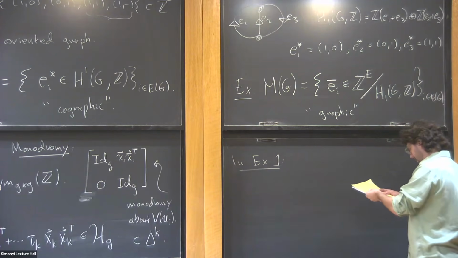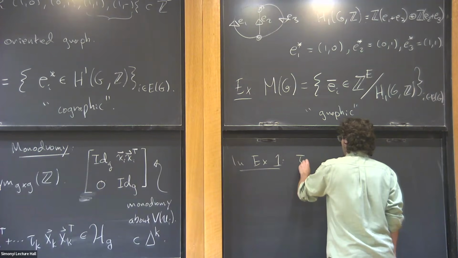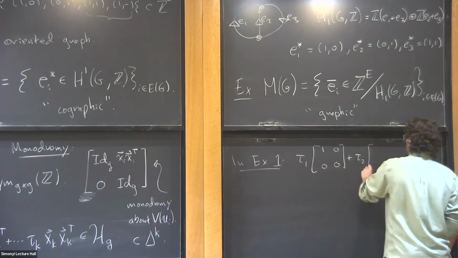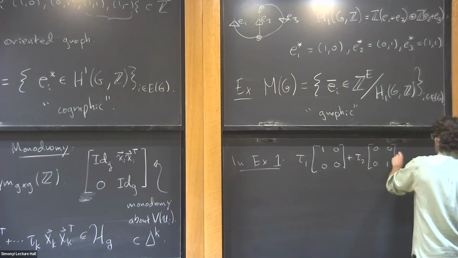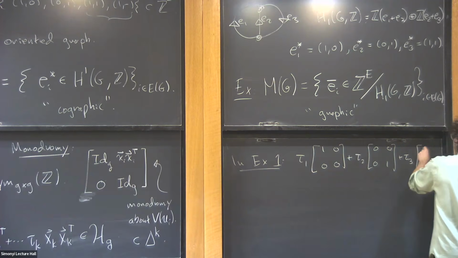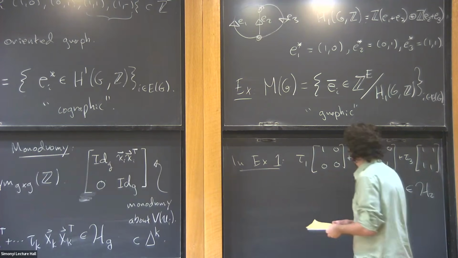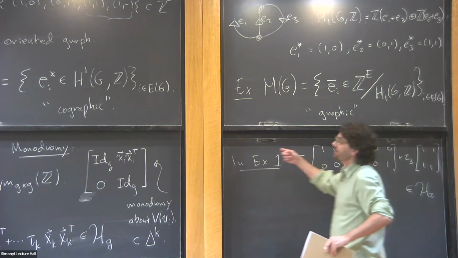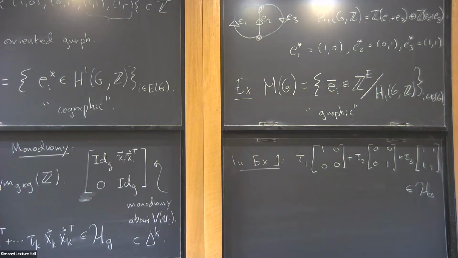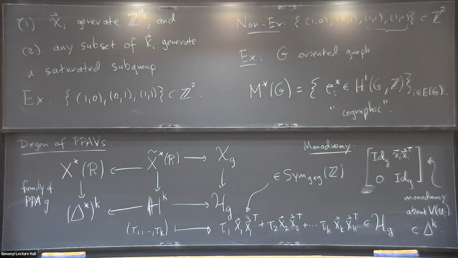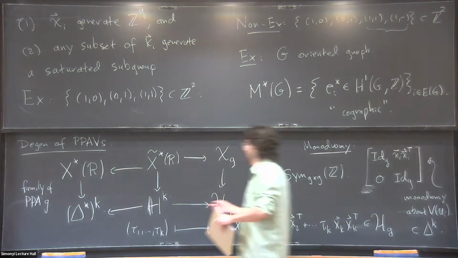In example 1, we get tau 1 times (1, 0, 0, 0) plus tau 2 times (0, 0, 0, 1) plus tau 3 times (1, 1, 1, 1). So that is an element of the Siegel space H_2. We see that these rank 1 matrices are exactly xi xi transpose for these 3 vectors. Okay, so that's what's happening on the inside, in the punctured polydisk.